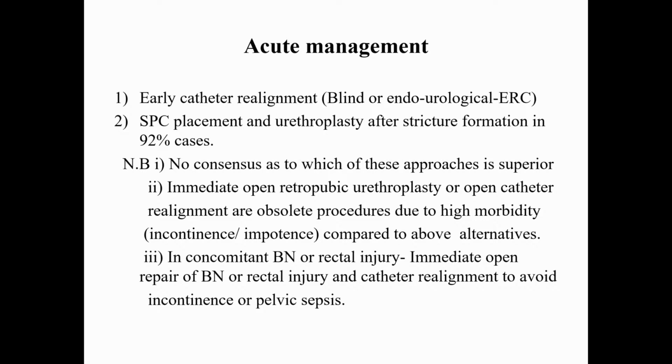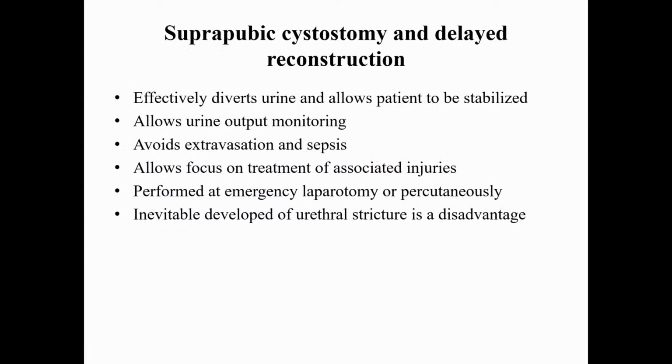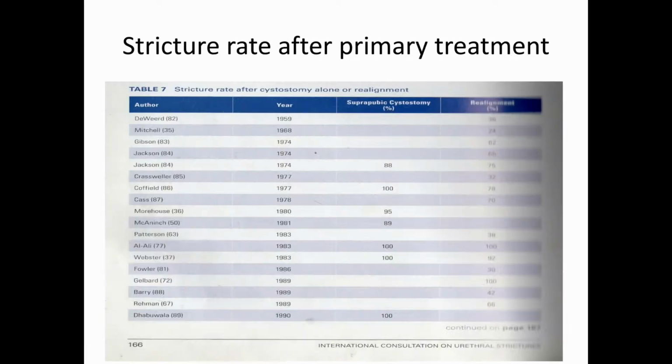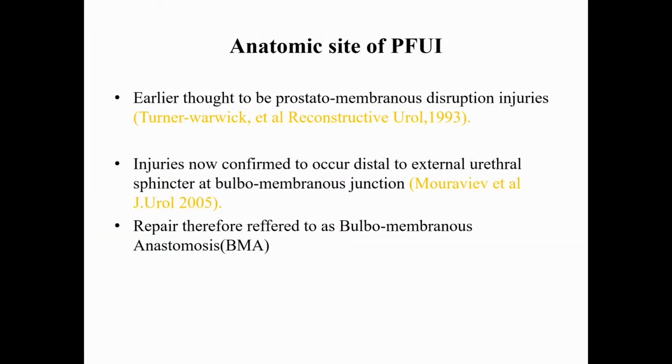Algorithm in the management. There's an algorithm there. When you get a patient with pelvic fracture urethral injury, the first thing is to resuscitate and determine the degree of hemodynamic stability.